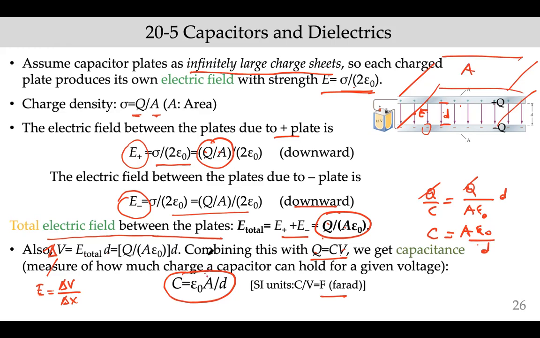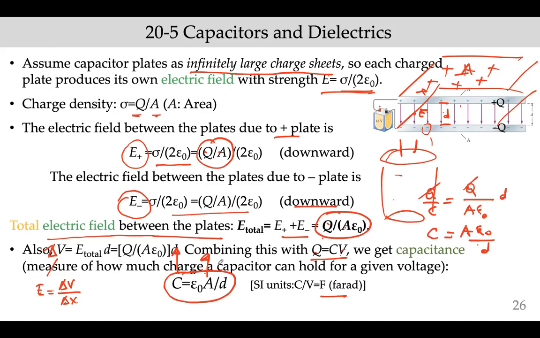So if you increase the area, then the capacitance increases, and that makes sense because if you have more area, then you can store more charges. That's why if you have a larger capacitor, it can store more charge.